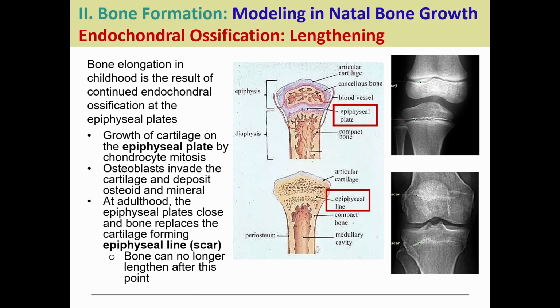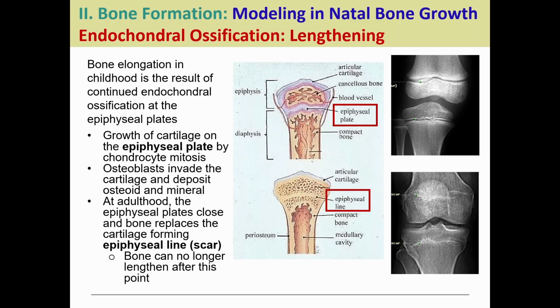So we look at that epiphyseal plate. Again, this is going to stay cartilage, right? What we call the chondrocytes, and those chondrocytes are just going to go through mitosis. They're going to keep dividing. And then osteoblasts make their way into that cartilage and start transforming it from cartilage to bone.